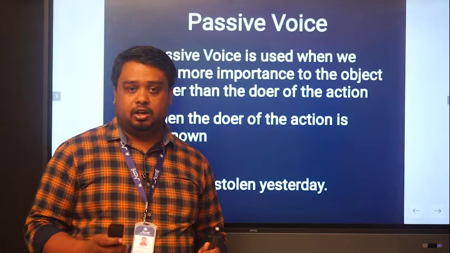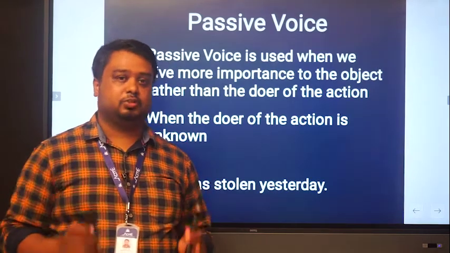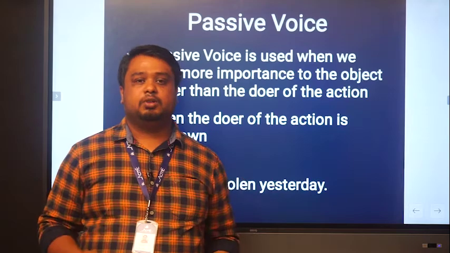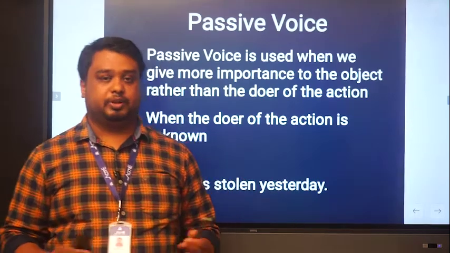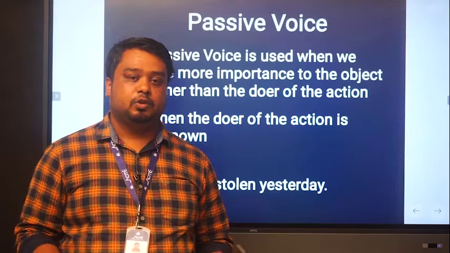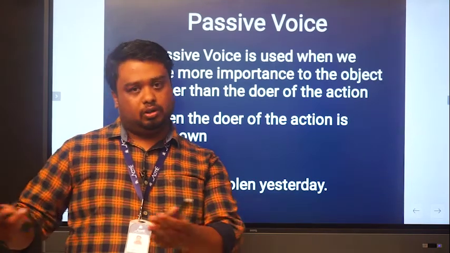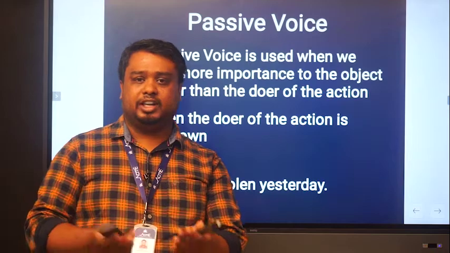The first is when we give more importance to the object. I'll give a situation: I went out and came back home late and I was very hungry. When I came back home, I found that there was no food left. "All the food has been eaten." The other members have already eaten the food.